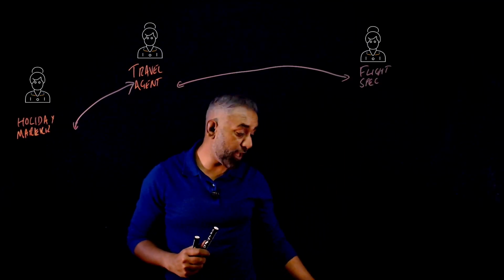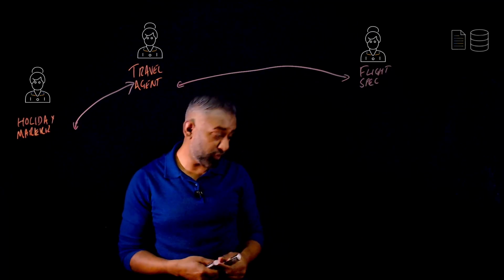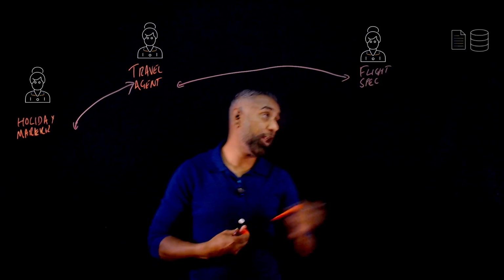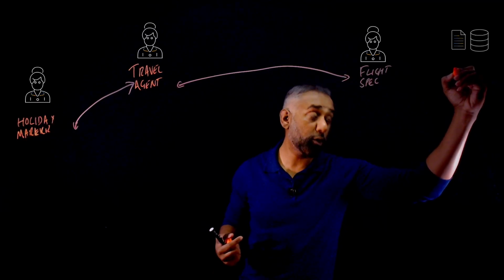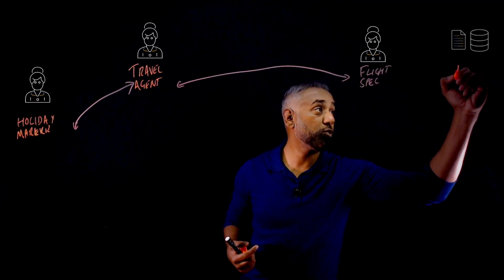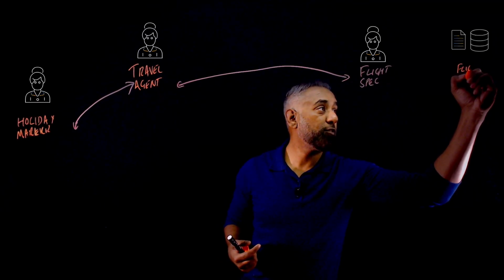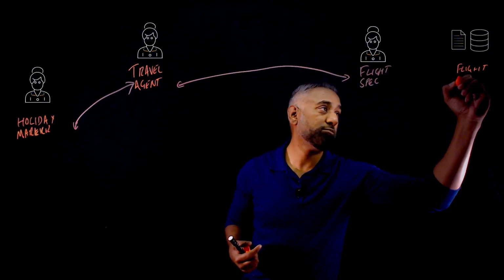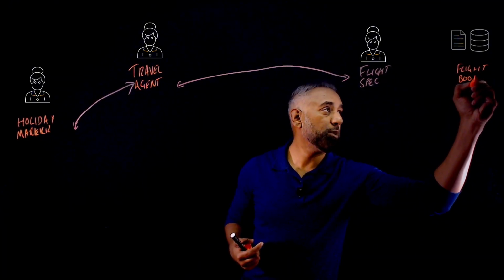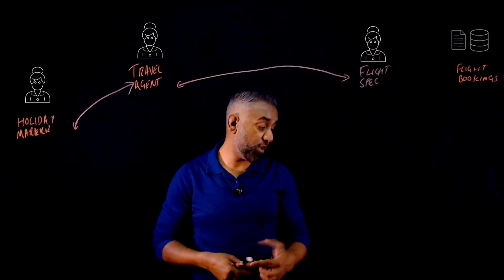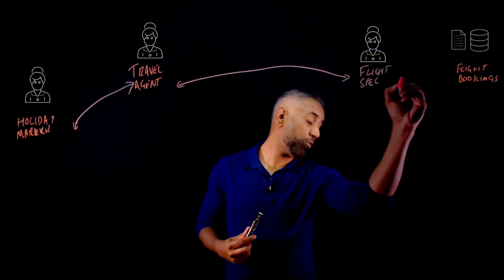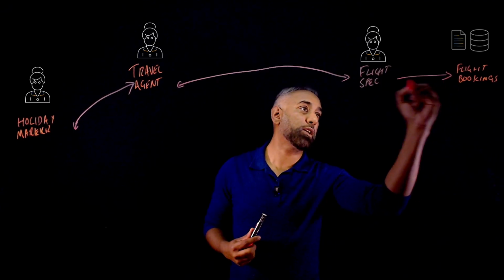And the way that the flight specialists would have a look at the flights, they'll look at the flight booking system or reservation system in terms of what offers are available. Maybe they'll go to specific airlines. So we'll just call this flight bookings. Again, our specialists will use that system on a regular basis, so they're super familiar with it.